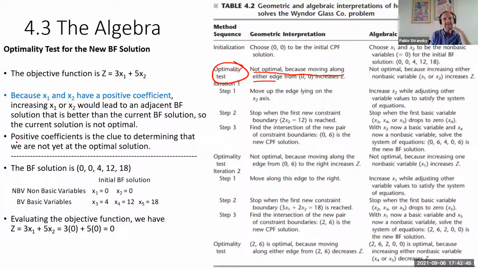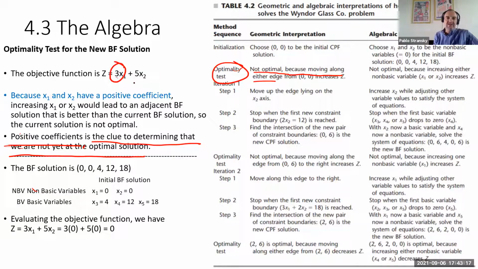This is the first one. Whenever we have positive coefficients, okay? Positive coefficients are a clue to determine that we are not yet at the optimal solution.